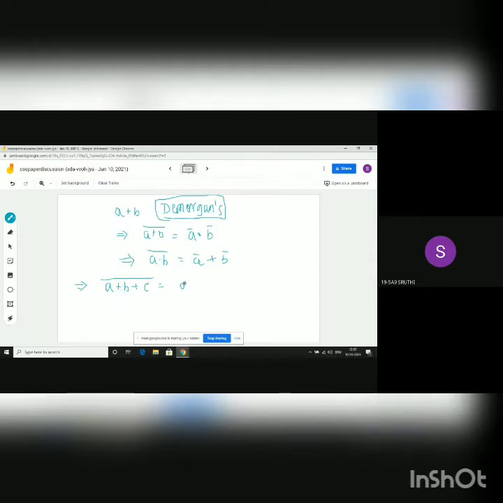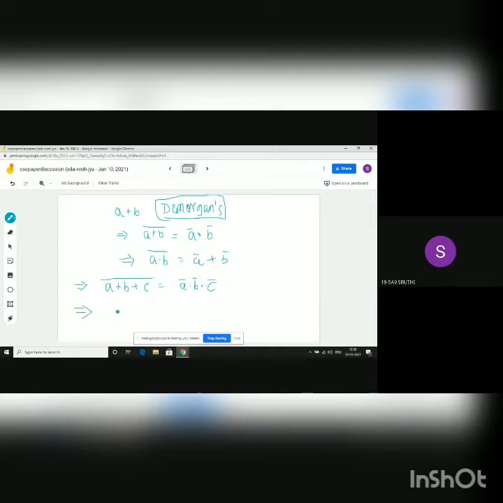That is, it becomes A complement into B complement into C complement. So A plus B plus C, the whole complement, becomes A complement dot B complement dot C complement.